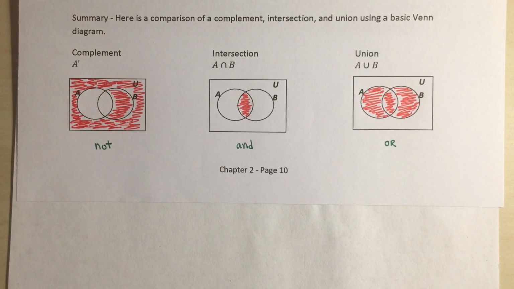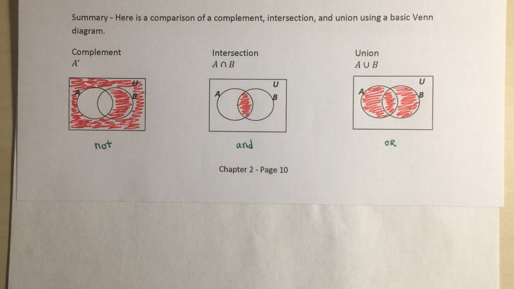As we go into the next example, we're going to be thinking about this as we are using a picture of a Venn diagram to determine some different sets. These ideas, these regions, this shading is directly going to carry over into our next example.